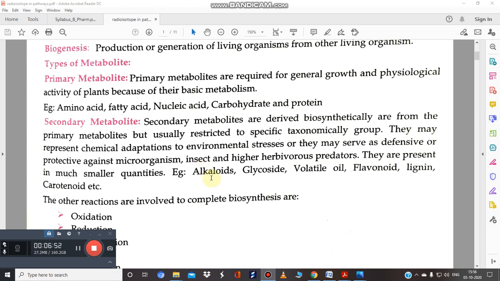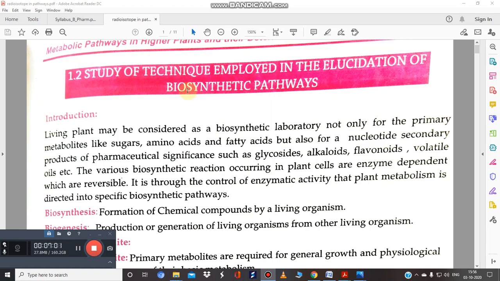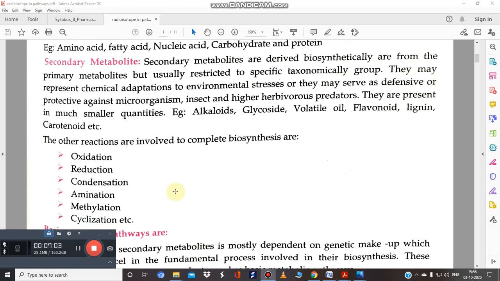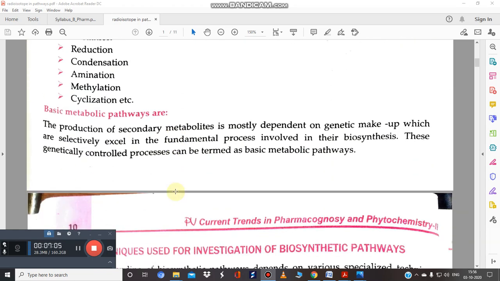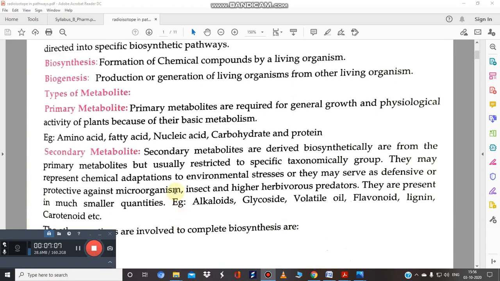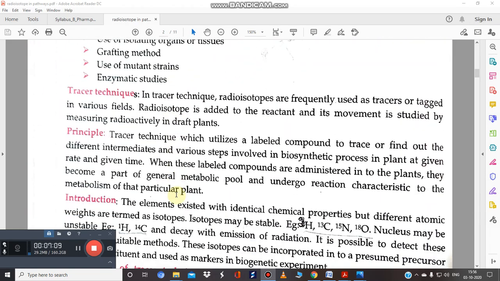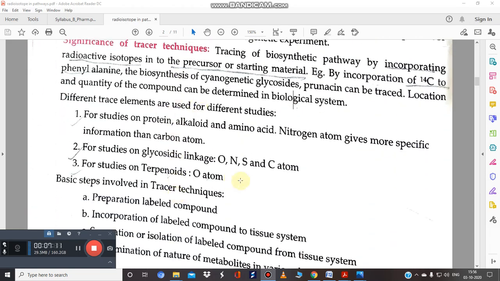They are employed in each and every industry, therapeutically and everywhere. That's why monitoring is important. And how do we monitor? We use different types of radioisotopes for monitoring, and examples are given: for alkaloids we use nitrogen, for glycosides we use this.